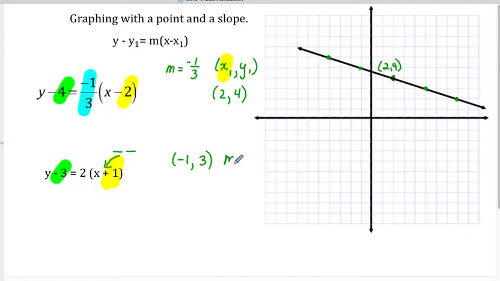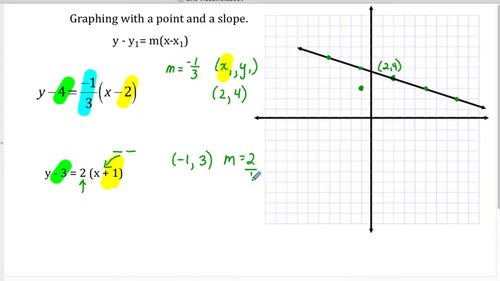The slope is right here, right in front of those parentheses, so the slope is 2. So let's graph the second line. So here I find the point (-1, 3). There we go. And I'm going to rise 2 for every one I go over.